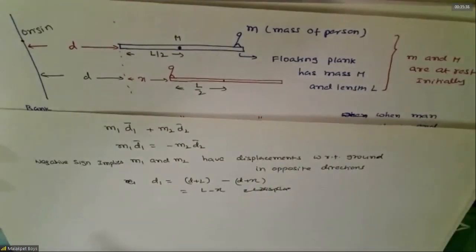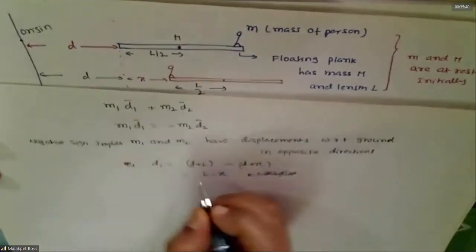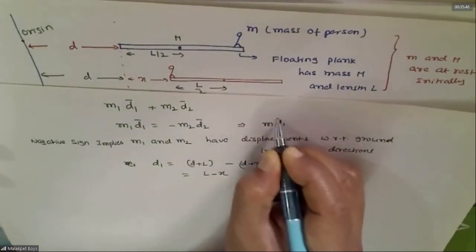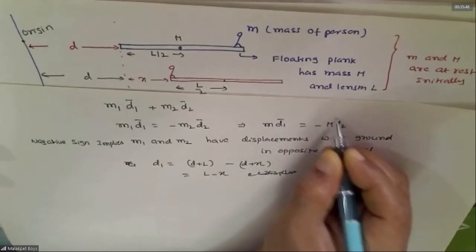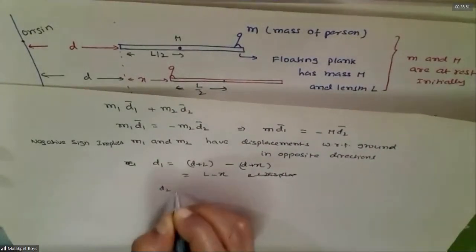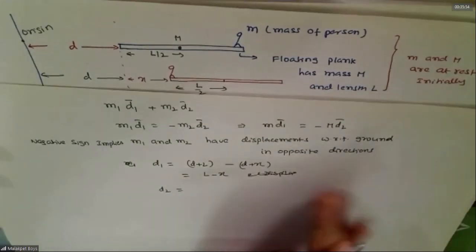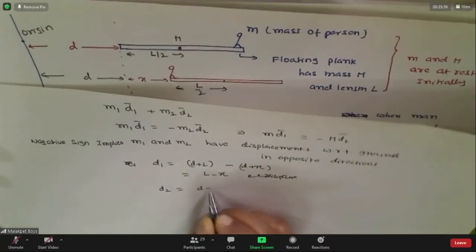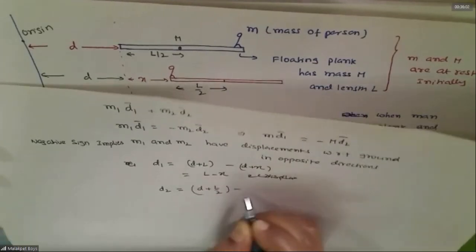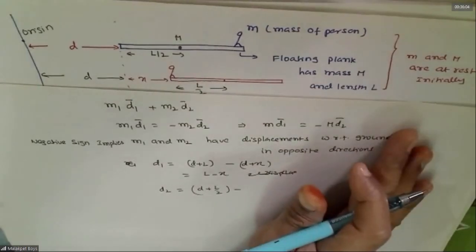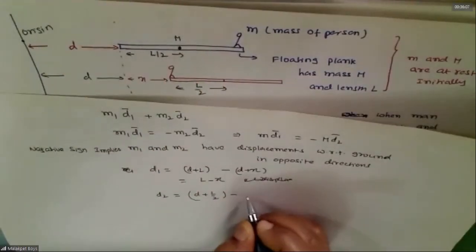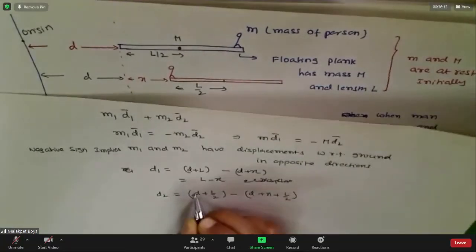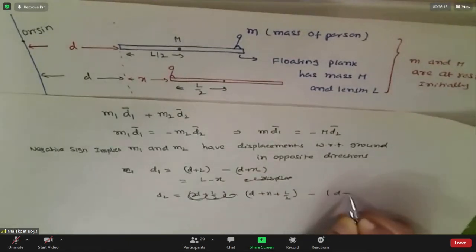Then again, I'm taking this as the man. This is the plank, okay? So what is D2? Plank initially is at d plus x plus L by 2, the final, initially it is.